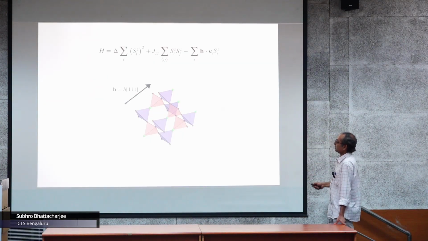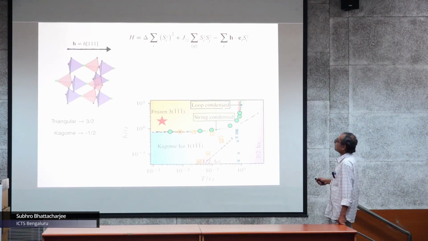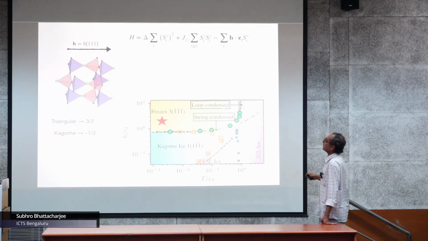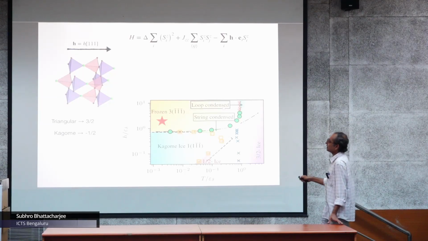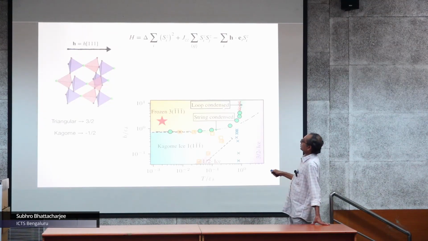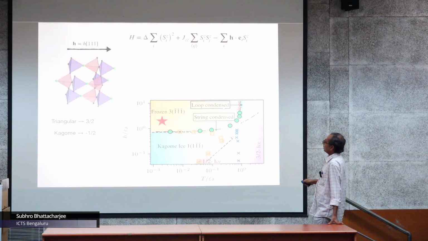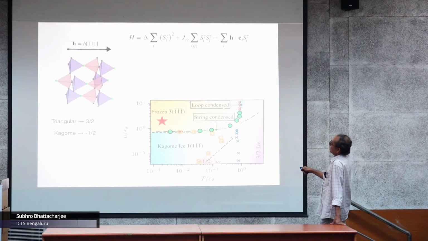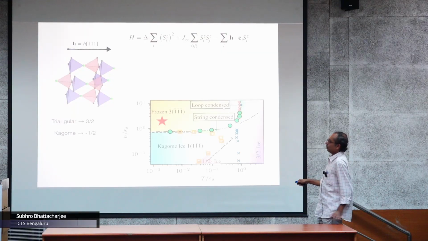So this is the direction that I'll now think about. What happens is that as you turn on a magnetic field in this direction, this is the same picture just rotated to fit in the slide. As you increase the magnetic field, suppose you're sitting here, all the triangular planes have spin 3/2, so essentially they are more or less dead.